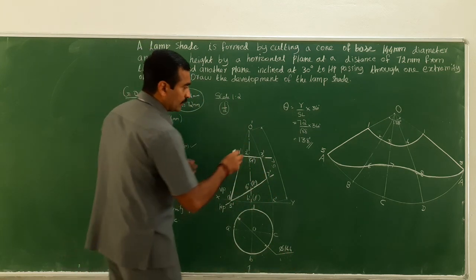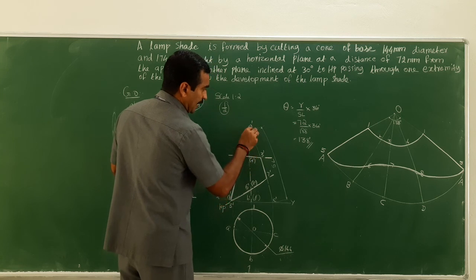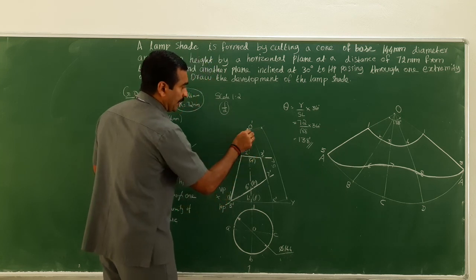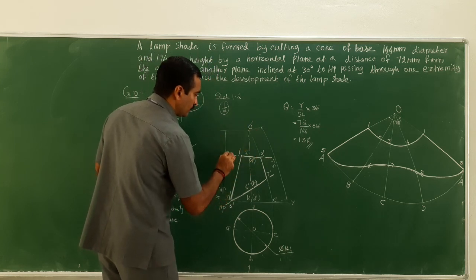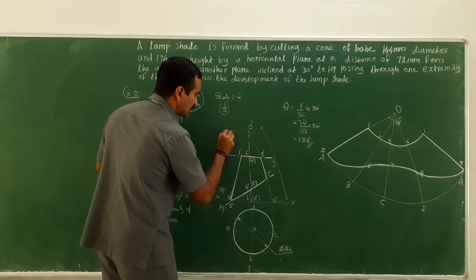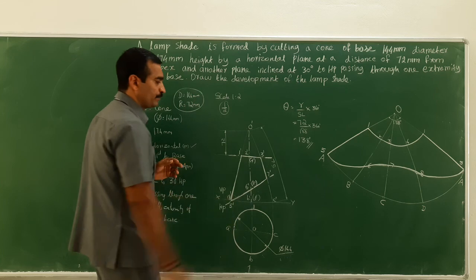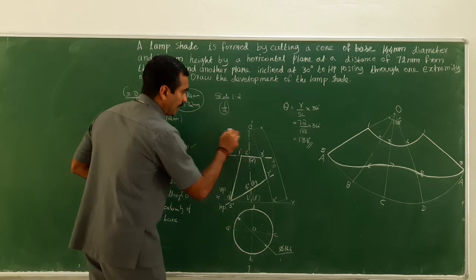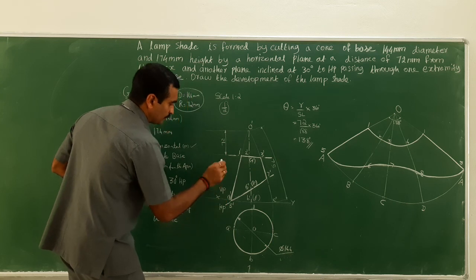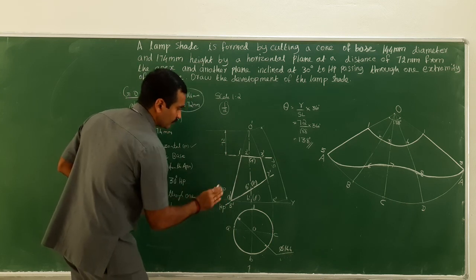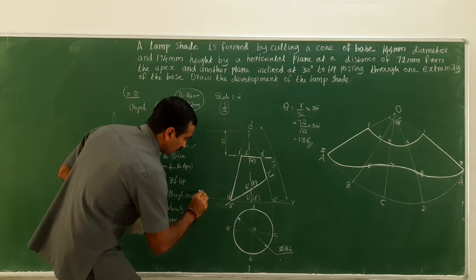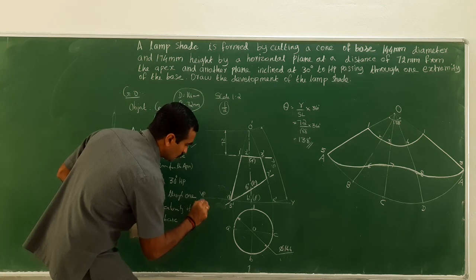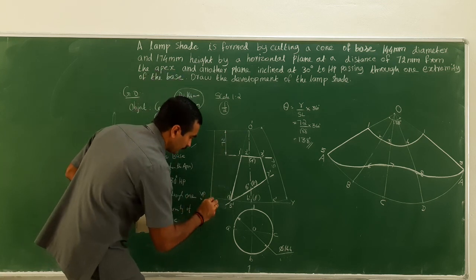From the apex to this horizontal plane, it is 72 mm. And the axis height is 174.